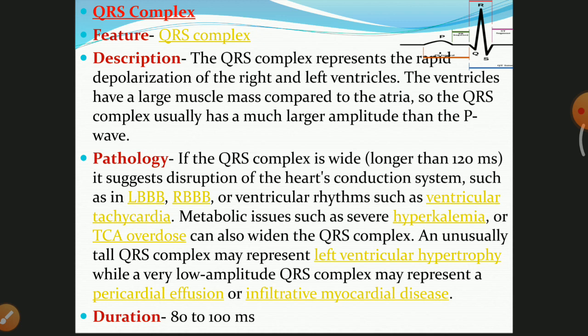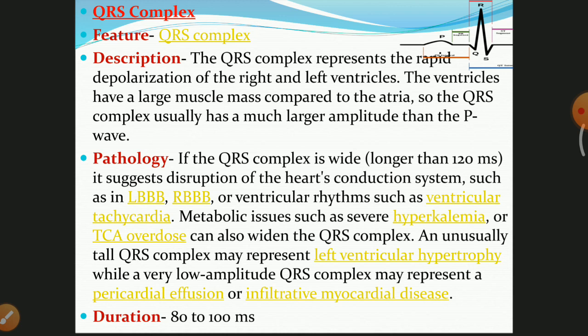Ventricular rhythms such as ventricular tachycardia, and metabolic issues such as severe hyperkalemia or TCA overdose, tricyclic antidepressant overdose, can also widen the QRS complex.